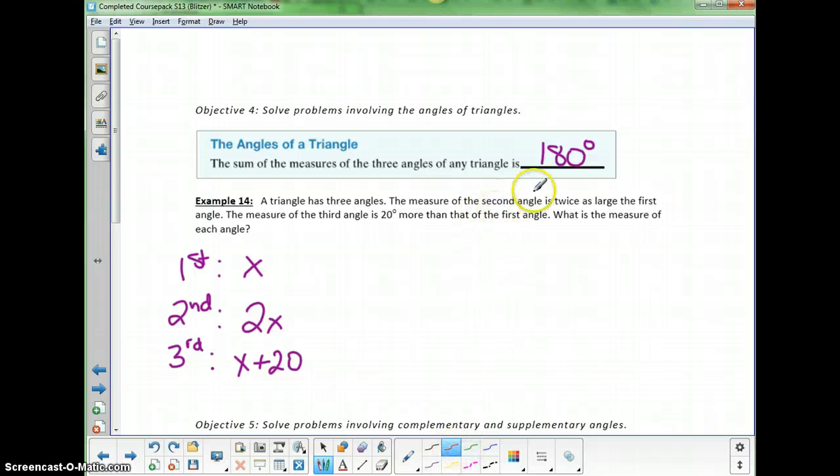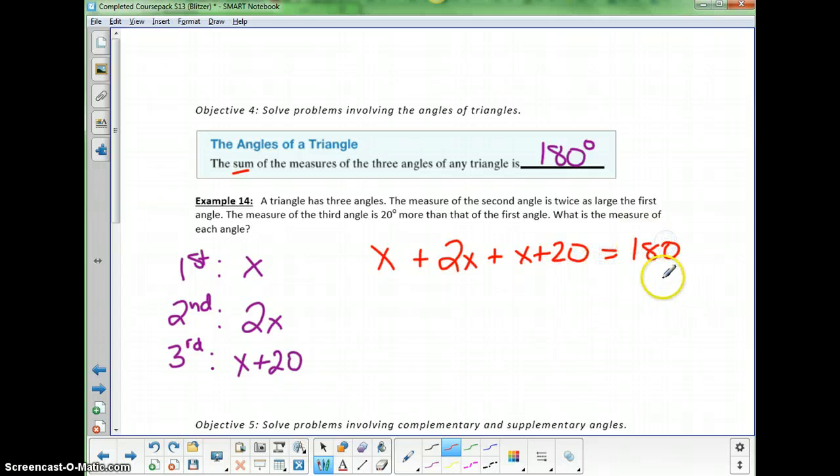Put it together with what I know about triangles. The sum of the measures of the angles is 180. So the first angle, x, plus the second angle, which is 2x, plus the third angle, which is x plus 20, will equal 180. So I've written an equation here that we can solve.